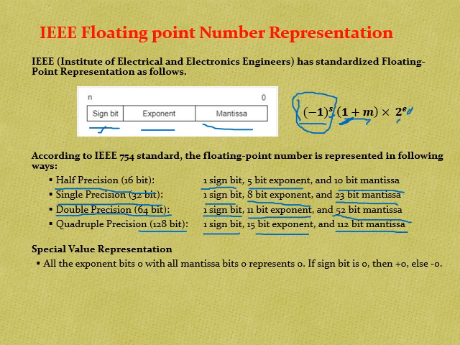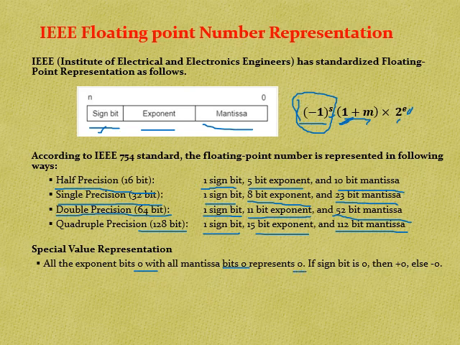First, if all the exponent bits are 0 and all the mantissa bits are 0, this represents the number 0. That means the whole number is 0.